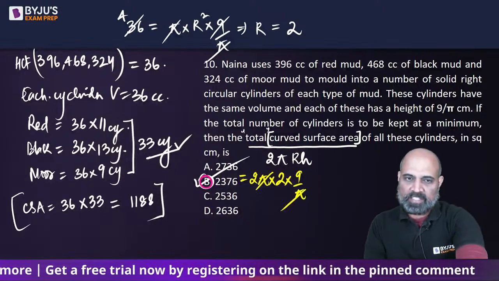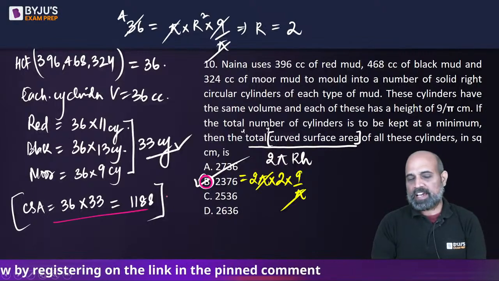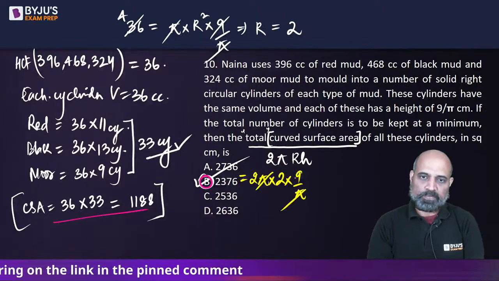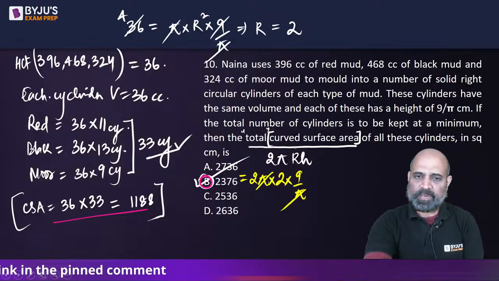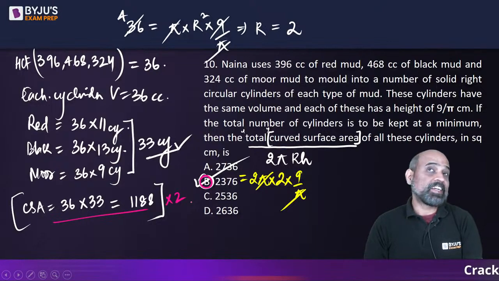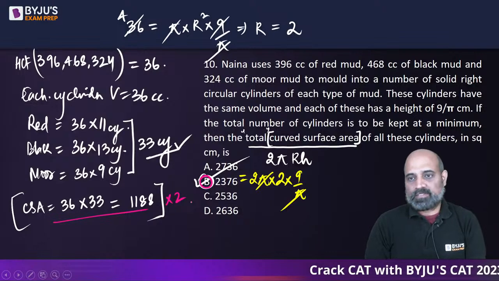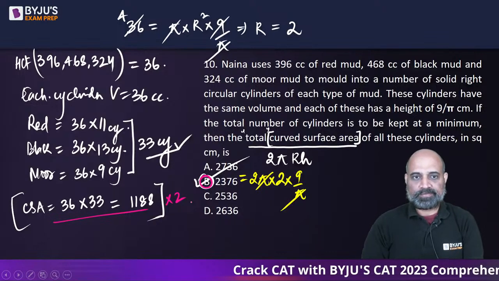Only that number is in the table of 11. So even though there is some calculation mistake that we may have done or the question may have done, 2376 only makes sense. Okay. So looks like they had doubled it, because the double of 1188 is 2376. Yes. And we don't have a 2 anywhere.